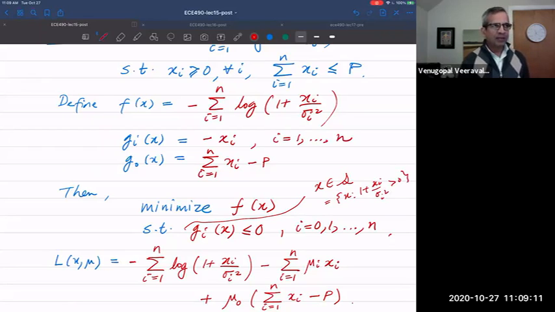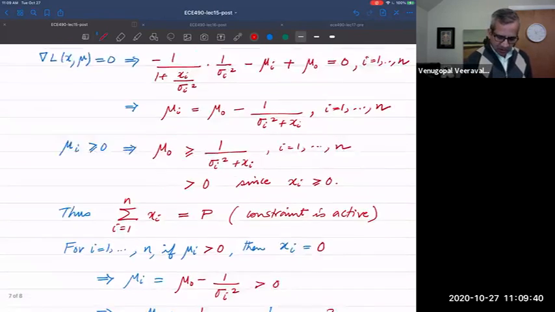I kind of glossed over that because I implicitly assumed that the optimization problem is defined over the intersection of the domains of these functions. The G's in this case are all well defined for all Rn. It's only F that has this log that you have to worry about. So you could take that, but this is easily seen to be a convex set, so you don't have a problem with that.